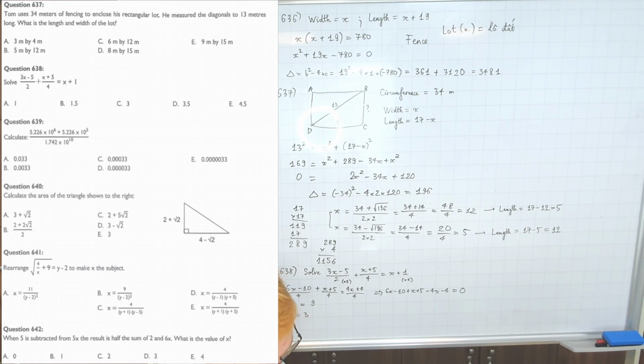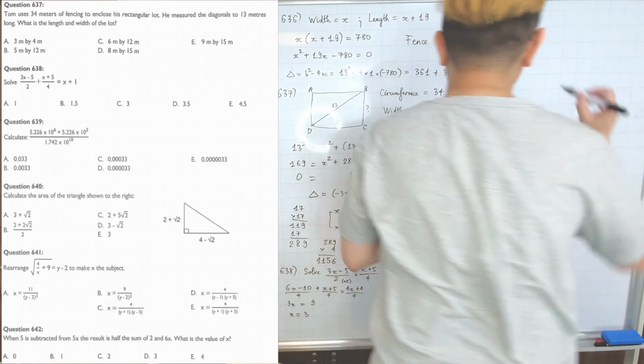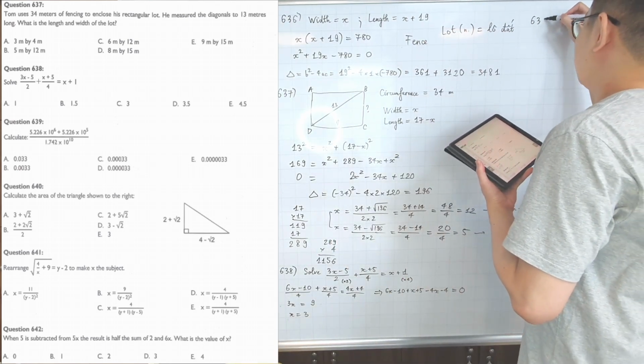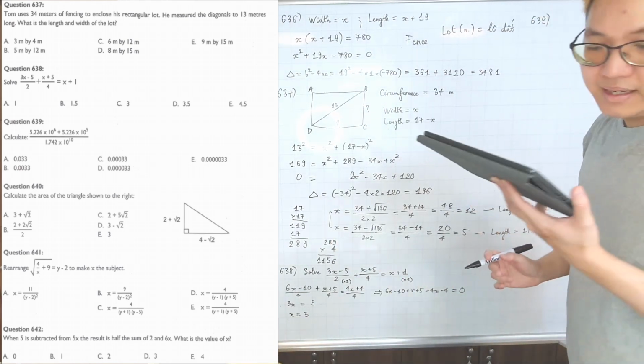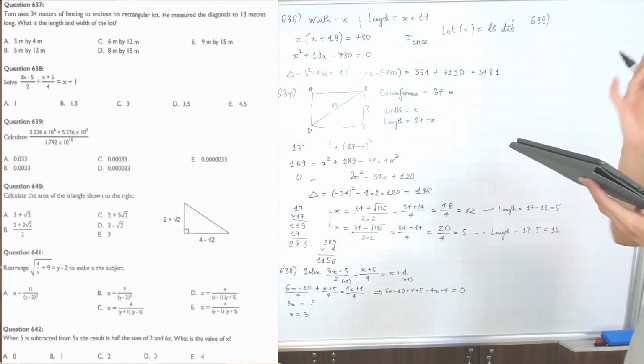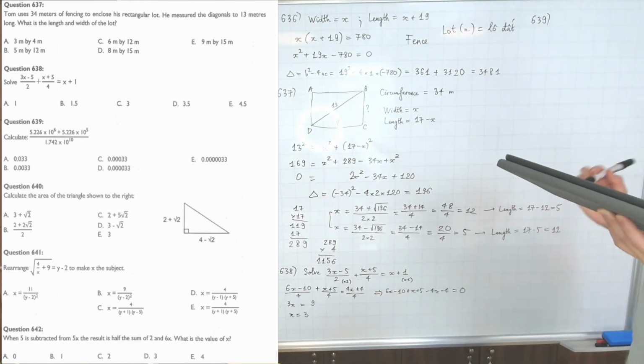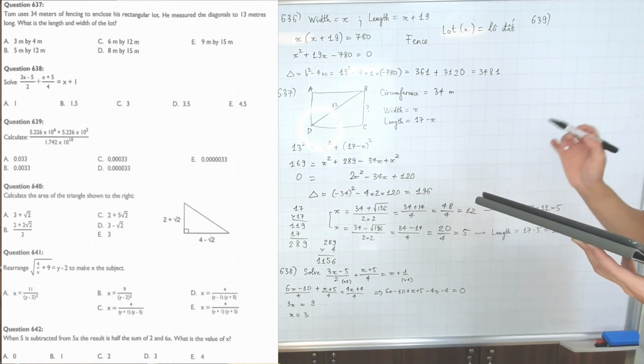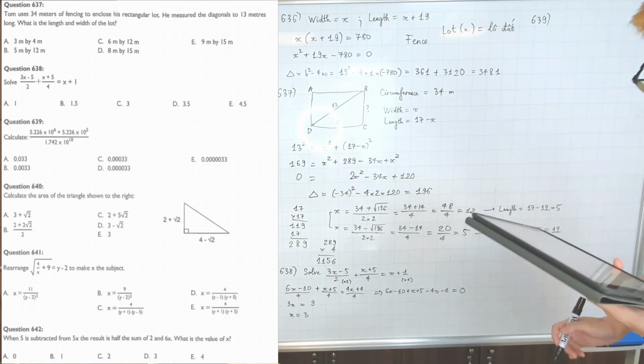There's a trick so it can be handled this way. For example, 1742 times 3 equals 5226. So for question 639, if you look closely, they ask you to calculate this, but 1742 times 3 is going to be 5226. So that is the hint.